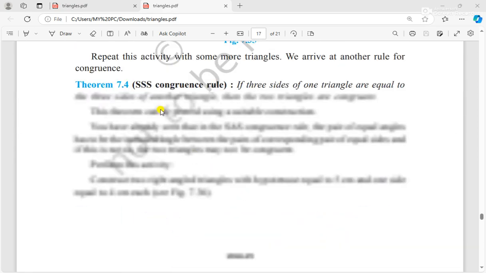This is theorem 7.4. This is the side congruence rule.